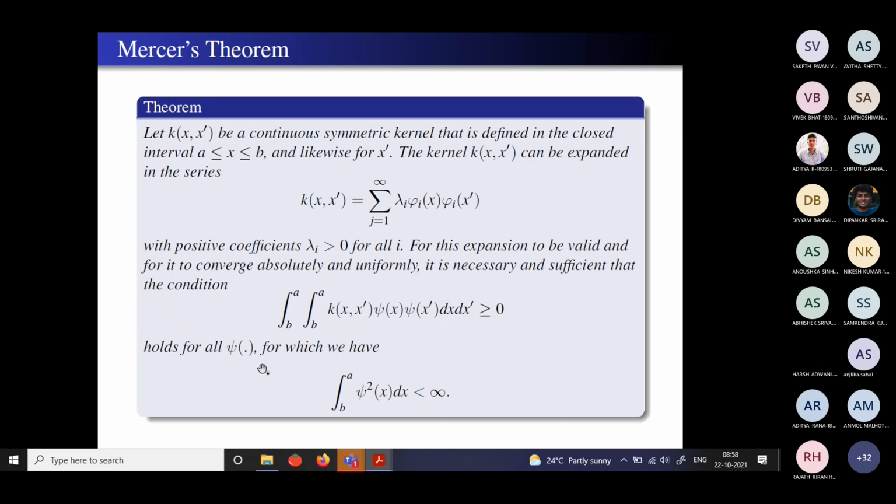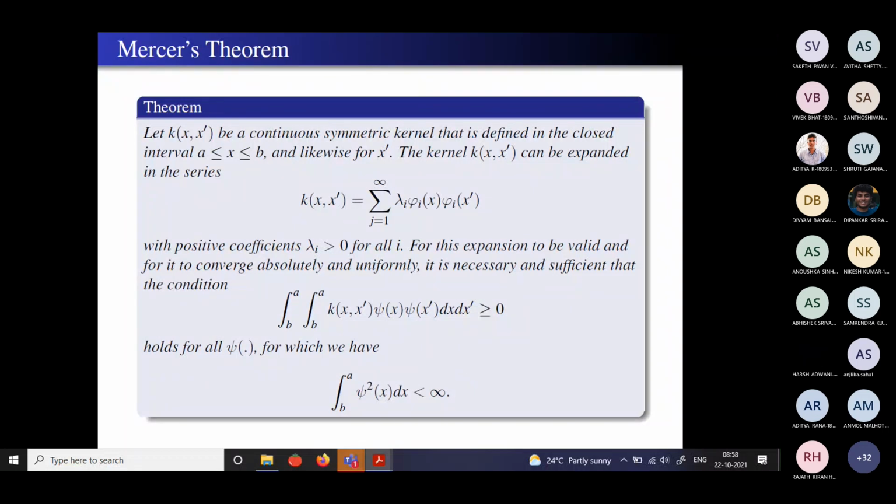And it holds for all psi, not phi's, for which we have this kind of relation: the integral of psi(x) squared dx is less than infinity, which means it should be of finite energy.